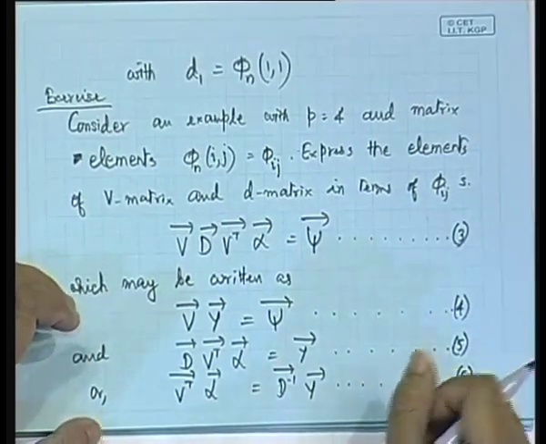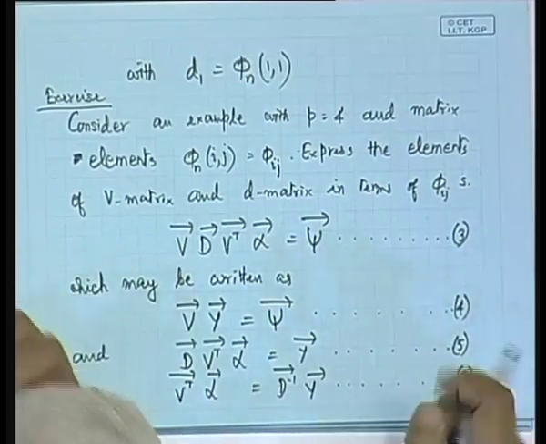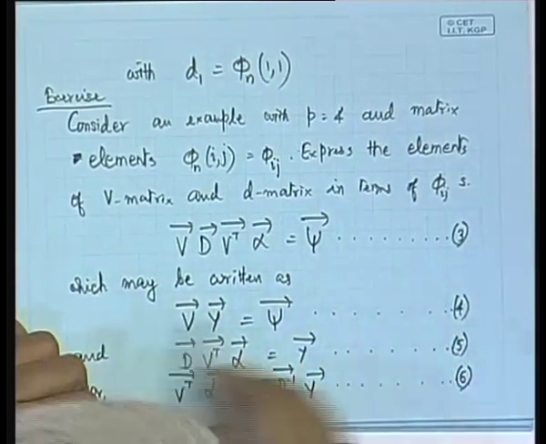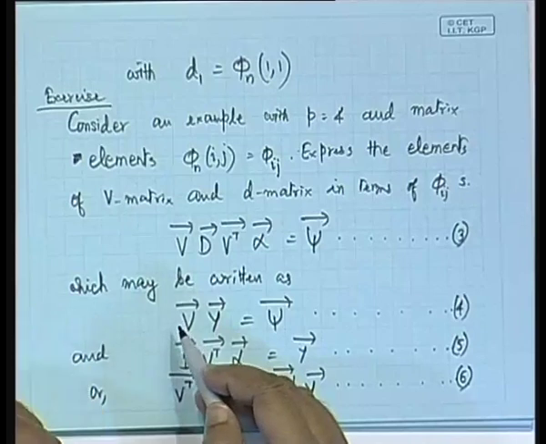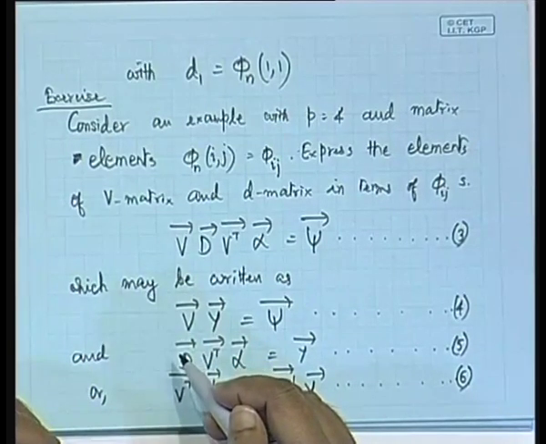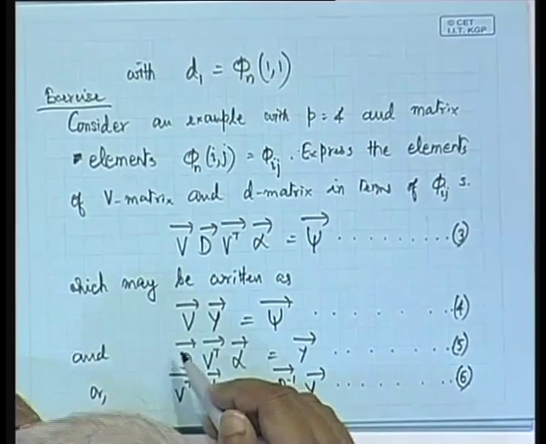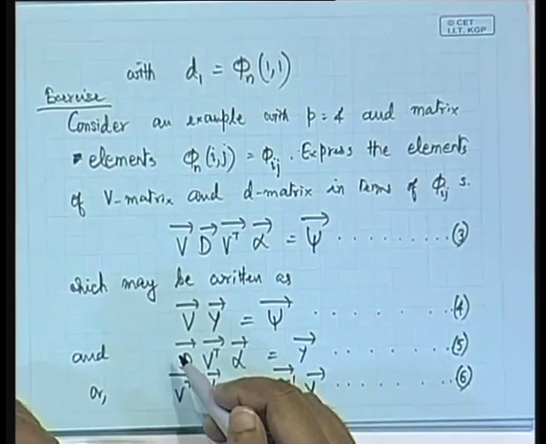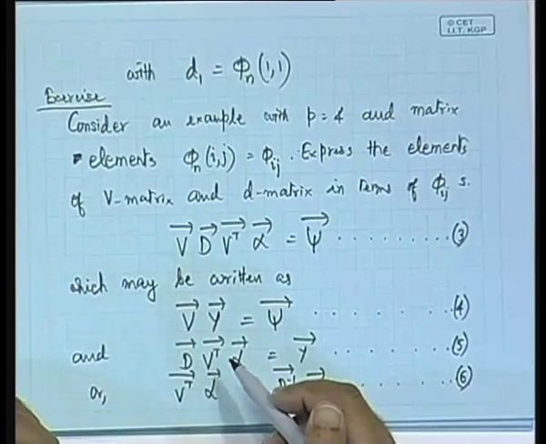So now from equation 4, the matrix equation, when we solve for the ijth element, we should be able to write it this way.